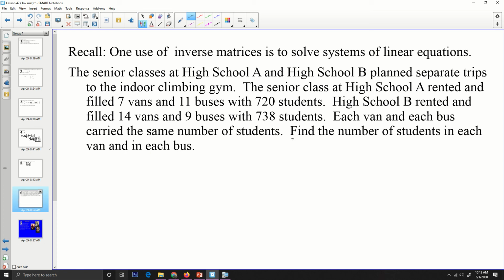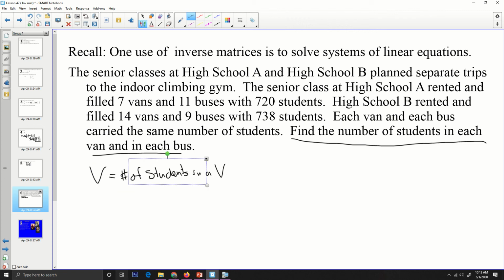So remember, this sentence here tells us what the variables are. V is the number of students in a van, and then B will be the number of students in a bus.